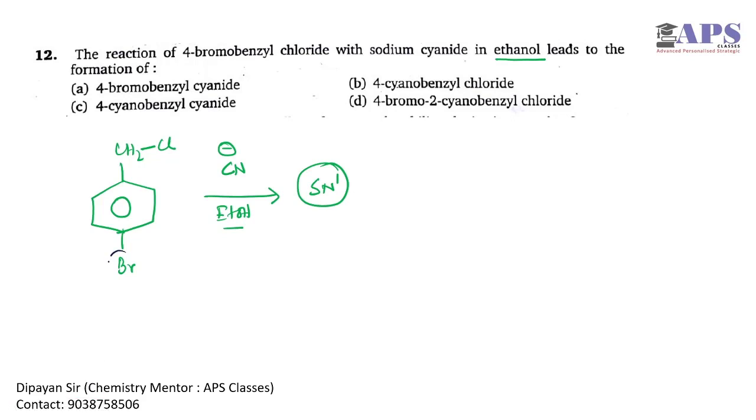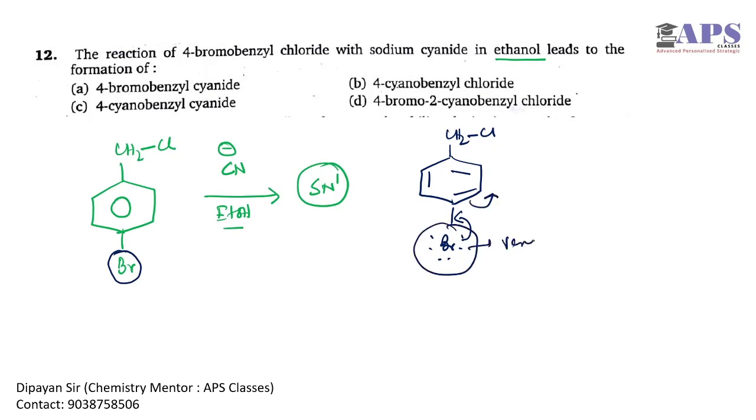But this bromine is a very bad leaving group, for the same reason: there is some double bond character due to the resonance. So this chlorine is the only leaving group present in this molecule.